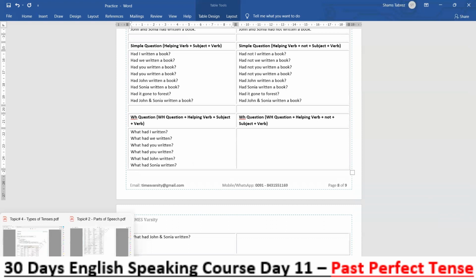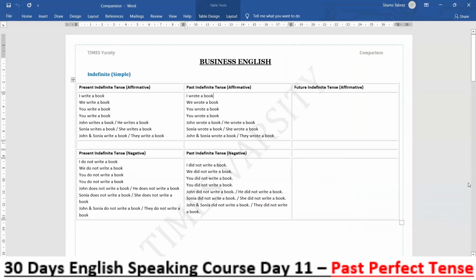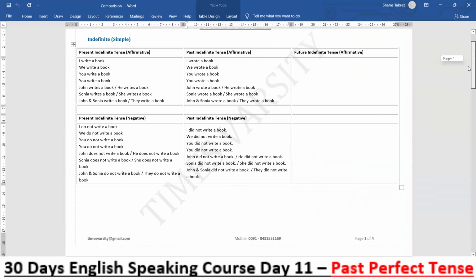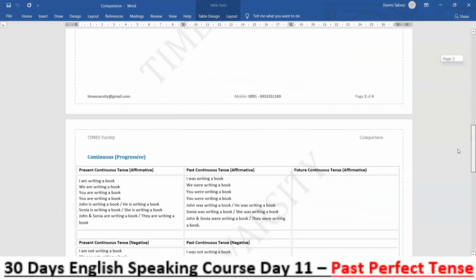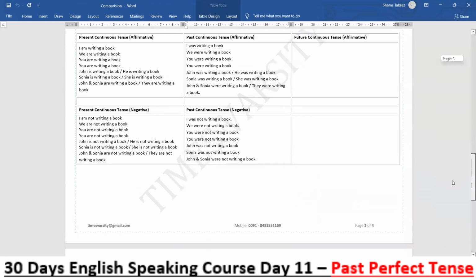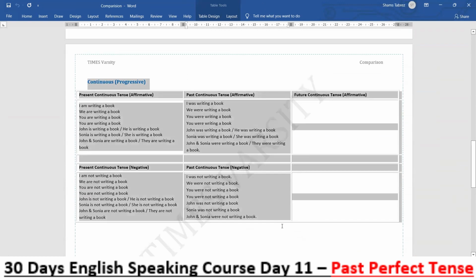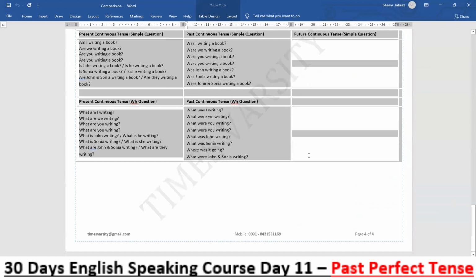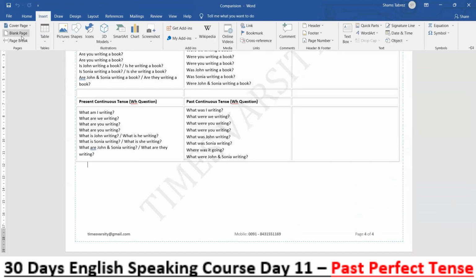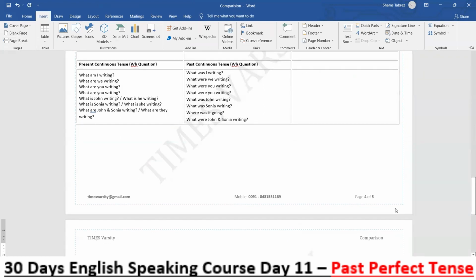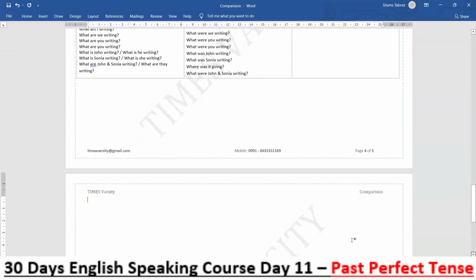Okay, so let's do some comparison here. Yesterday we compared continuous tenses. So let me copy here. So updated files I'm going to share.